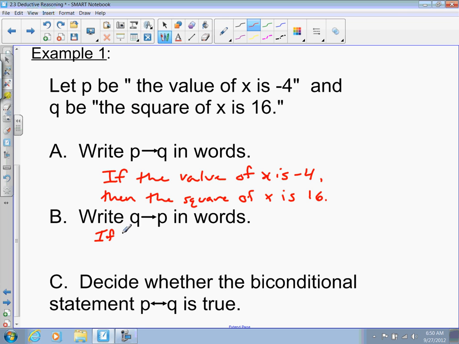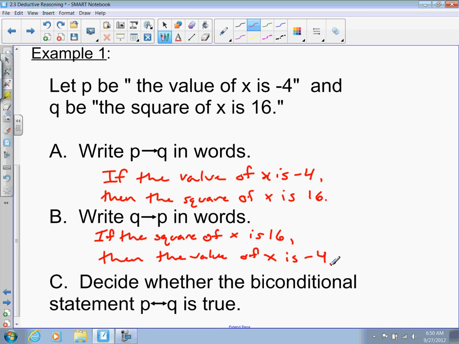If the square of x is 16, then the value of x is -4.